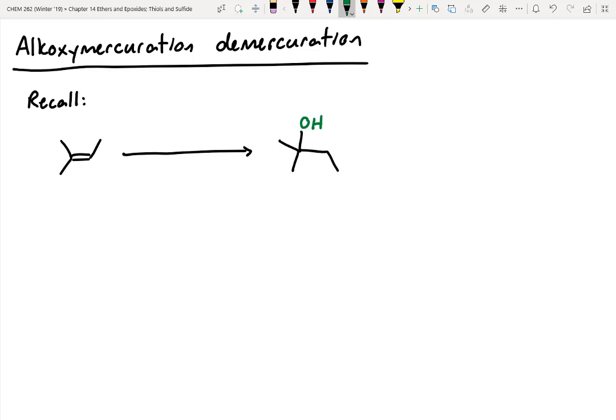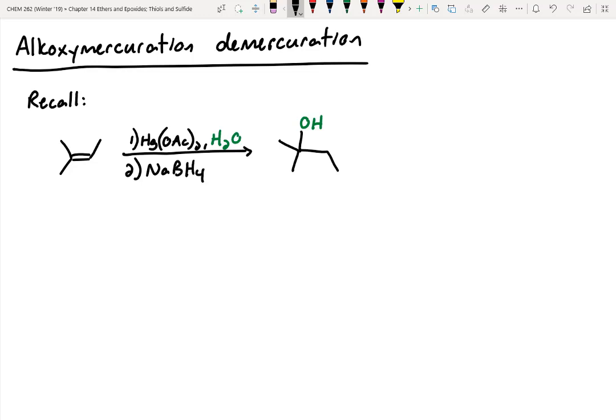And you could do this in this situation using just catalytic acid and water, or if you need to avoid rearrangement chemistry, you treat this with mercuric acetate, so Hg(OAc)2, followed by H2O. The water in this case was our nucleophile that was added in. And then what did we need for step 2? Sodium borohydride.